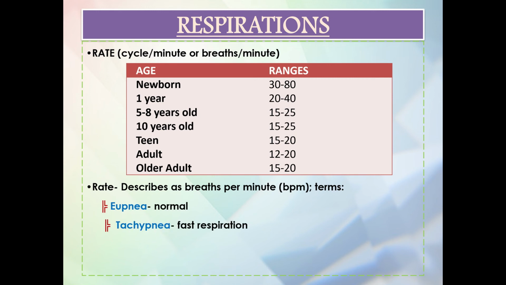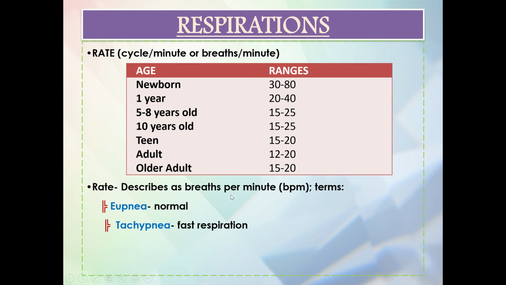As I said, now, what are the different terms associated with respiration? You have eupnea, which is normal respiration. Tachypnea is fast respiration, meaning above the usual normal range. For example, for an older adult, if you got 22, tachypnea is the term for that.